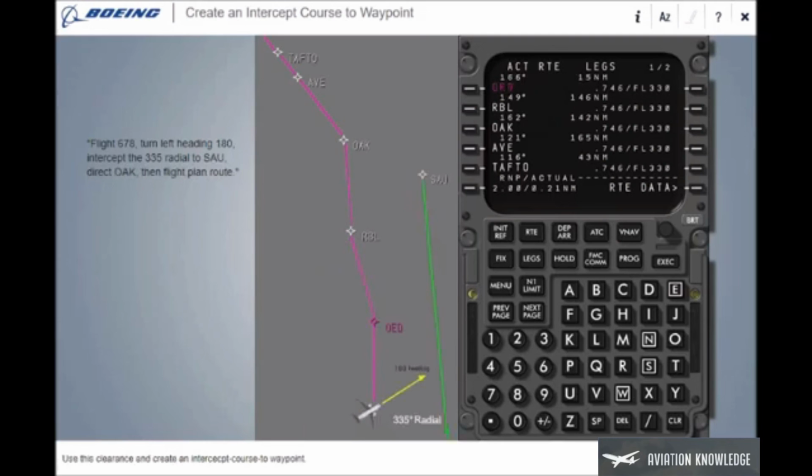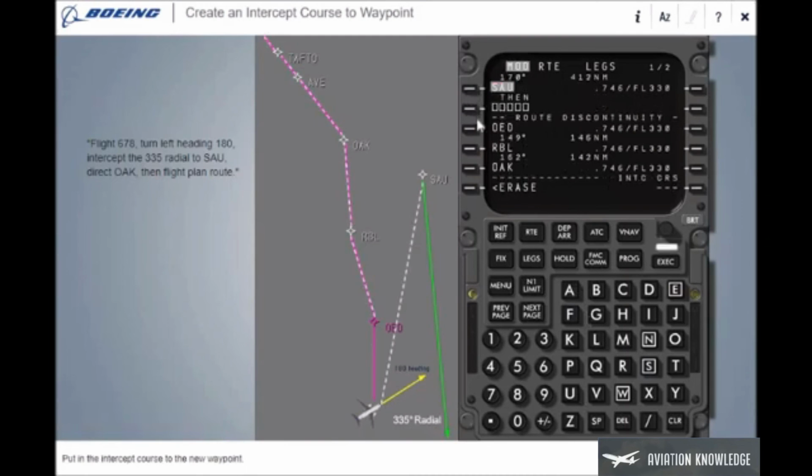Use this clearance and create an intercept course to waypoint. Put in the intercept course to the new waypoint.